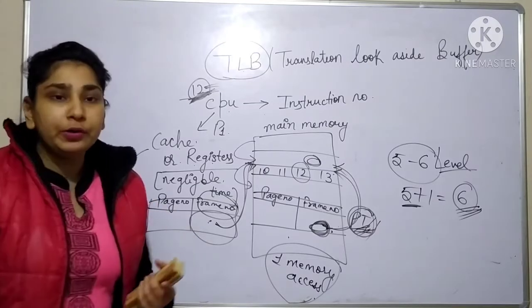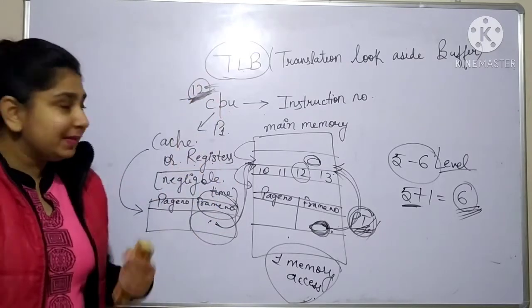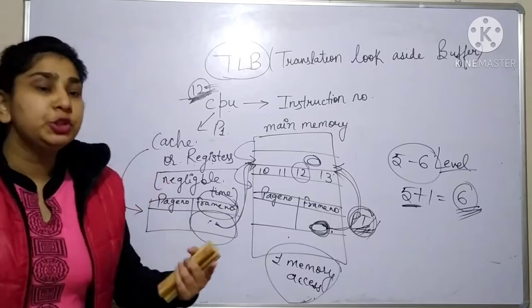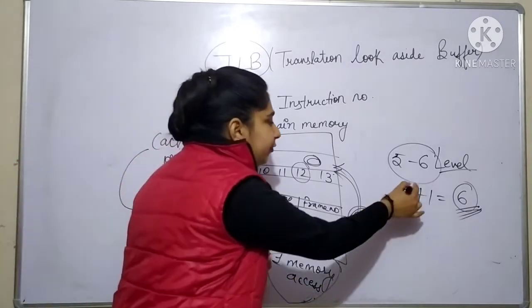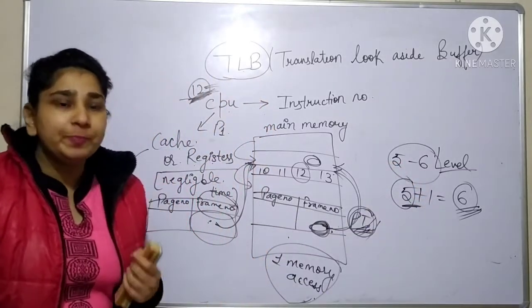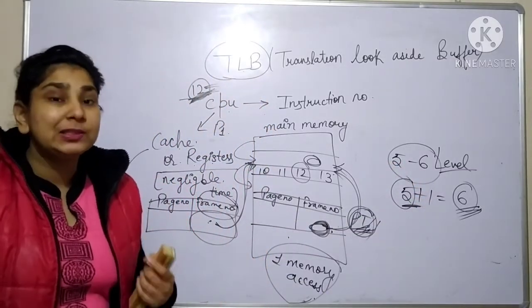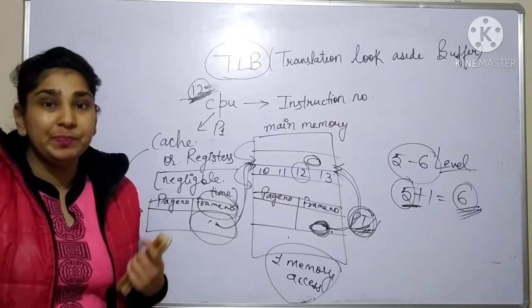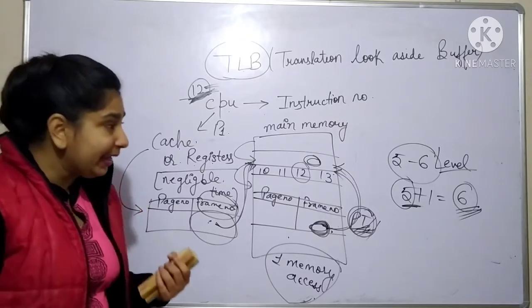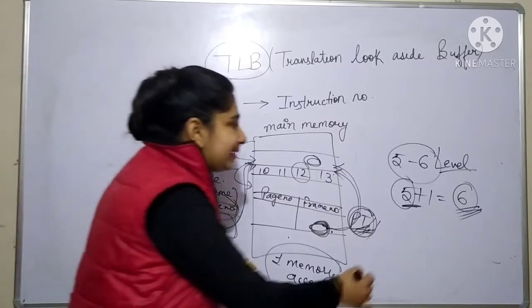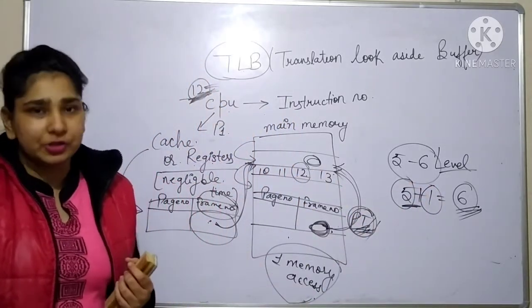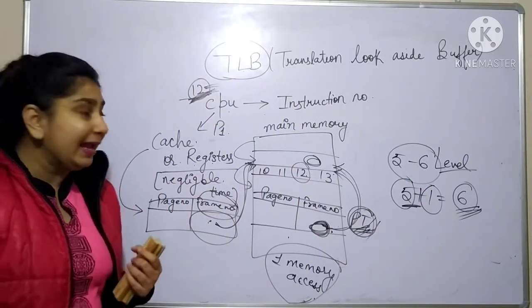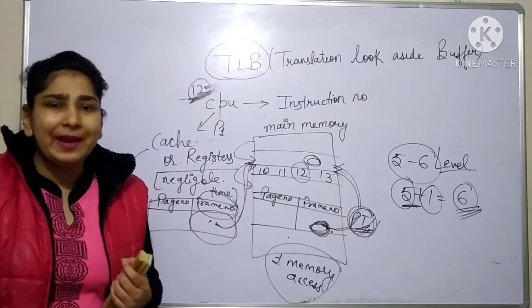Okay, if you don't use TLB, then according to the levels of your page table, if you have 5 levels of page table, you will first access main memory 5 times, and then again you will access main memory once to get your original instruction. Okay, what is the purpose of your page table?